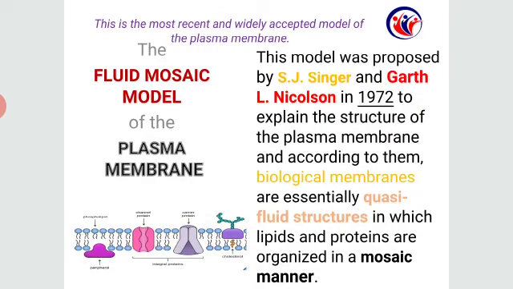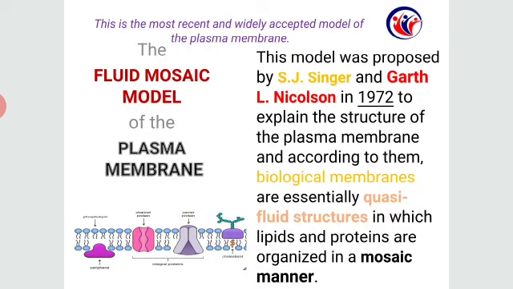But these gentlemen, Davson and Danielli, thought that the proteins actually sandwich the phospholipids, and that model later on with more study had problems. Okay, you need to identify some of those problems, but the model that is most acceptable today is that one of S.J. Singer and Garth Nicolson, and they proposed their model in 1972 to explain the structure of the plasma membrane.